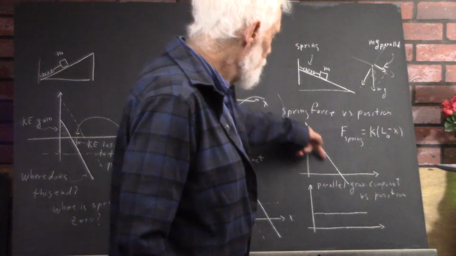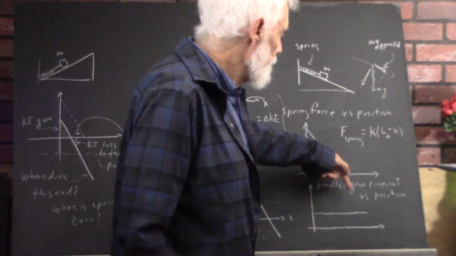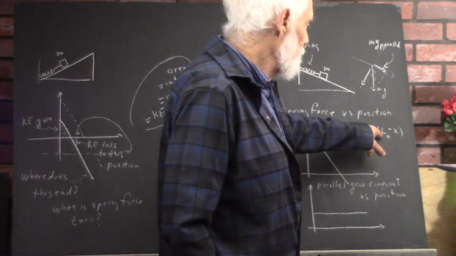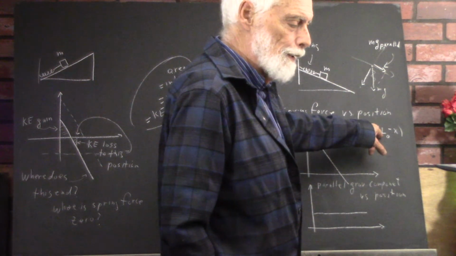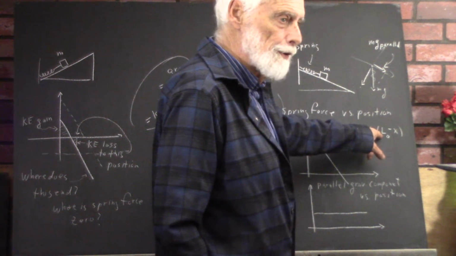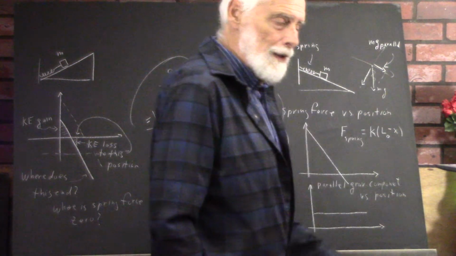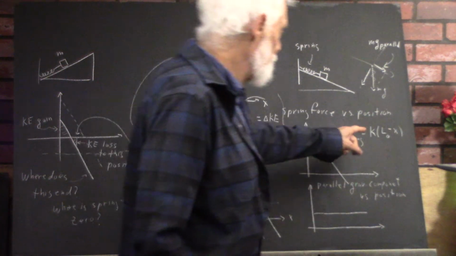You have your spring force versus position here. And that's actually of the form k times the unstretched, uncompressed length of the spring minus your position x. You can think about why that is. It's not too hard to understand.